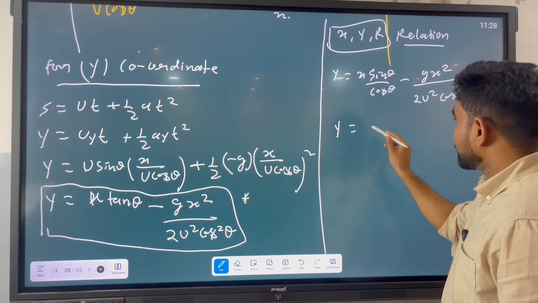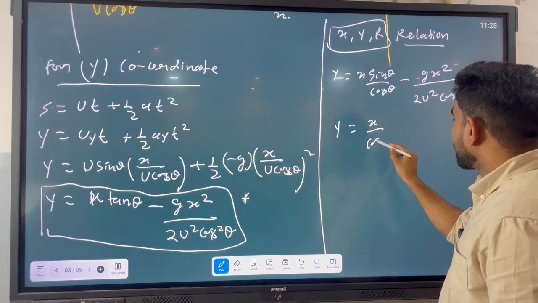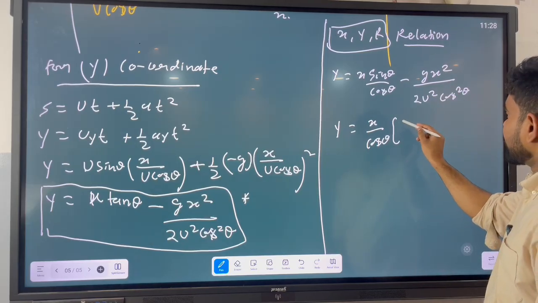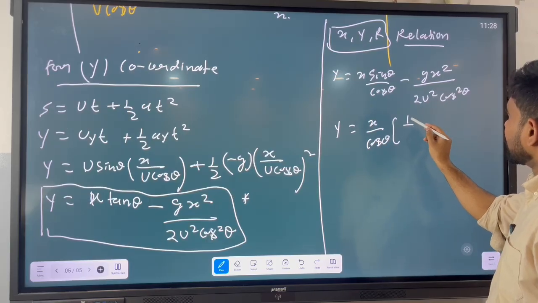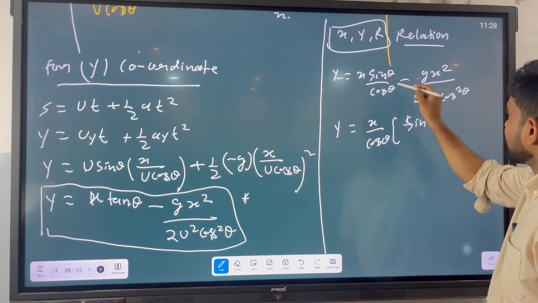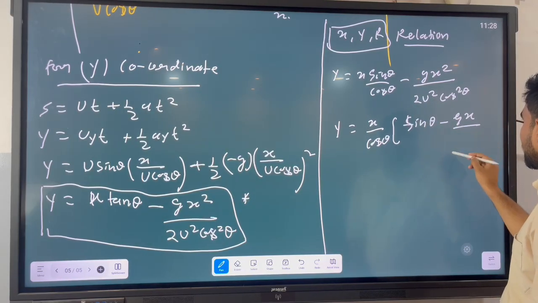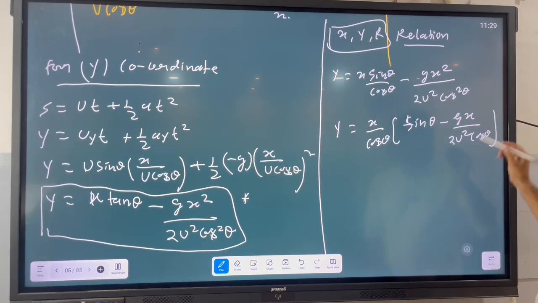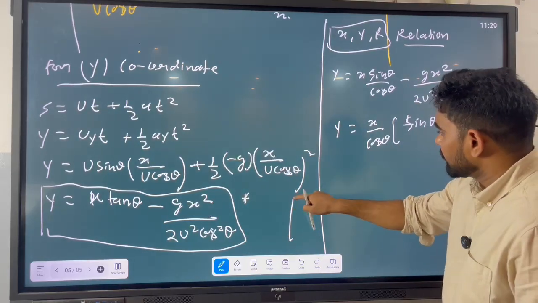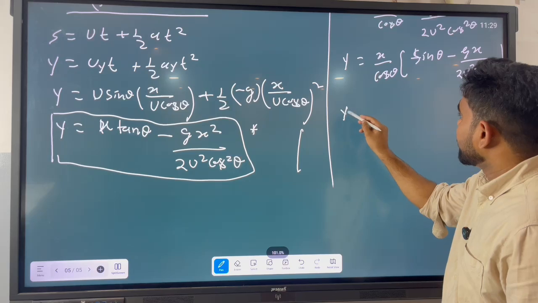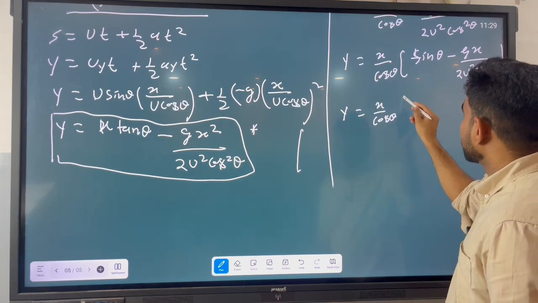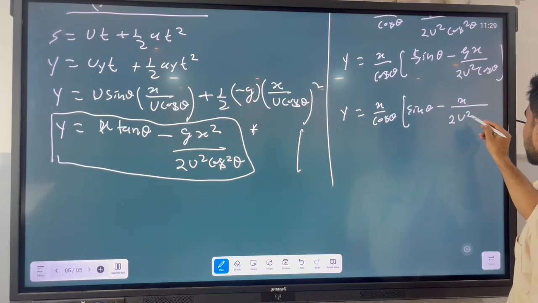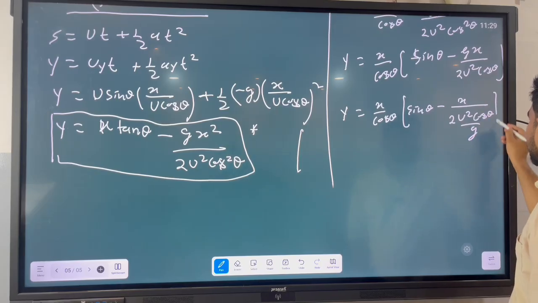For the next step, x divided by cos theta is a common factor from the whole equation, so y equals x divided by cos theta times sin theta minus g x divided by 2u square cos theta, right.